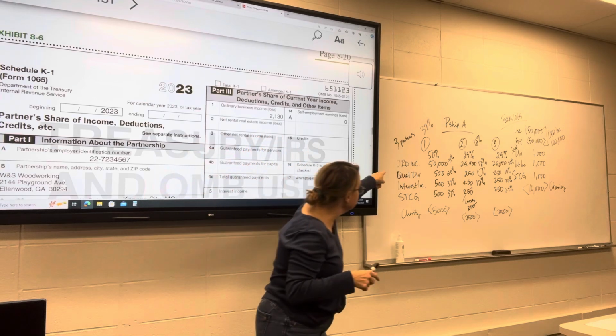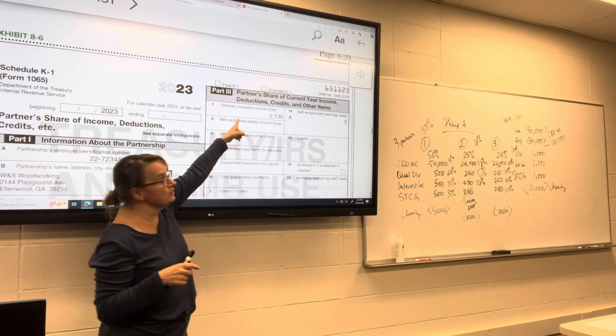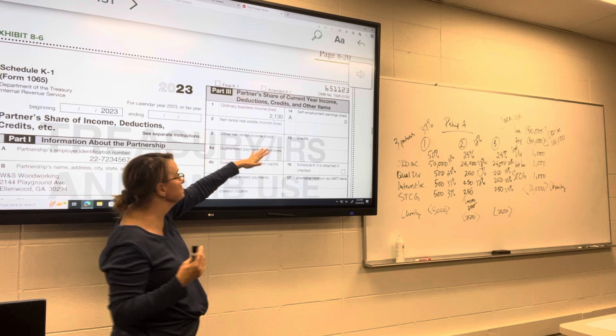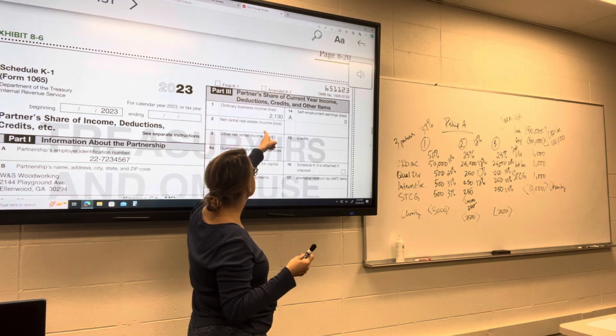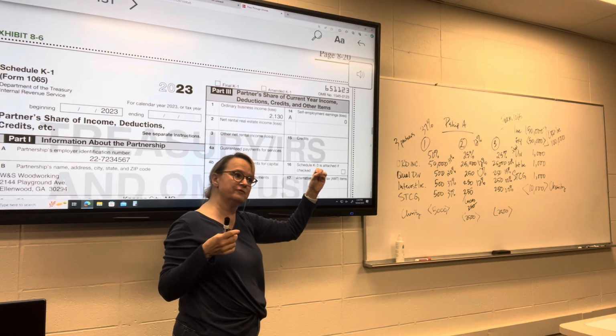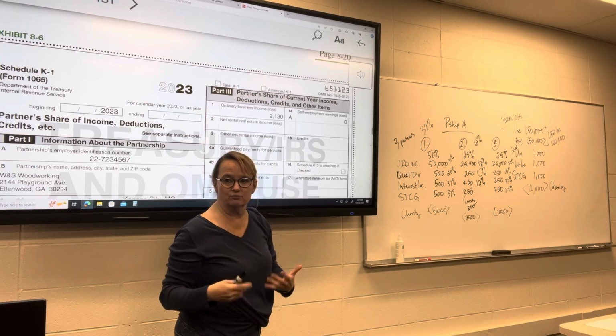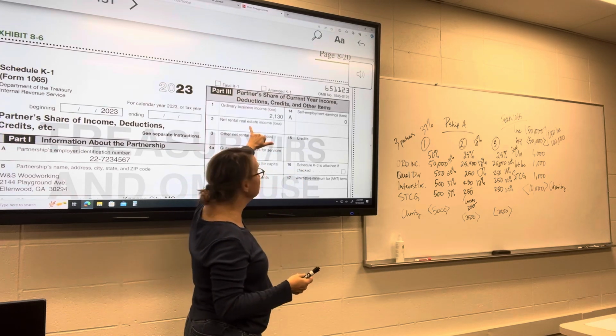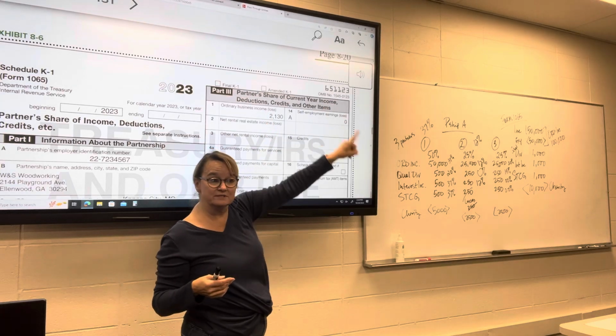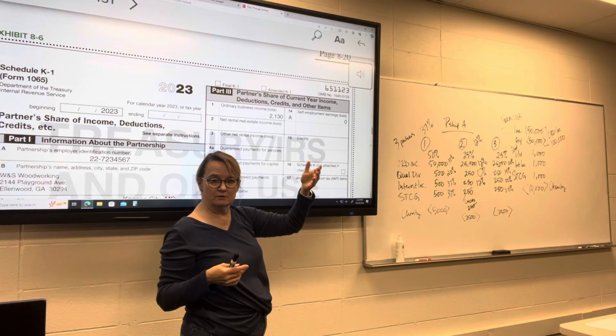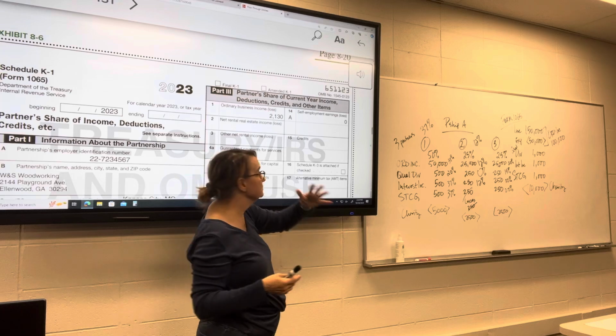So our ordinary income, that would go up here. Ordinary business income, just from operations, that's what we're doing. Rental real estate income. So if the business has a rental property or is generating rental income, then that's going to be reported there. That's going to flow through to the Schedule E for the partner, right?